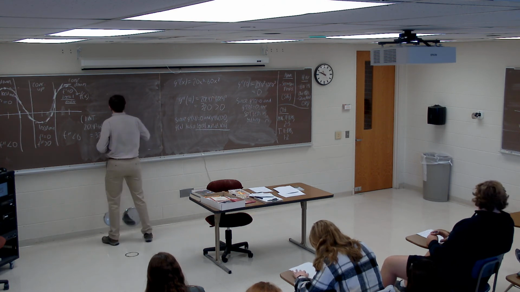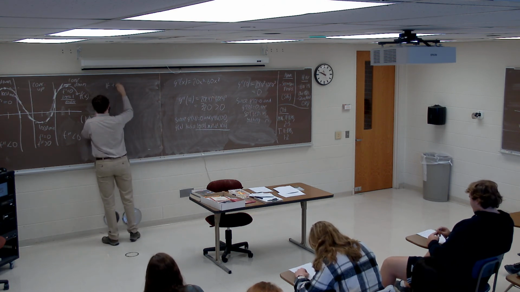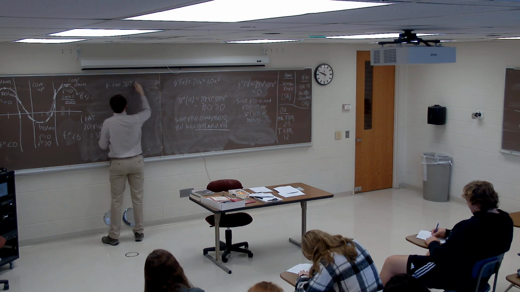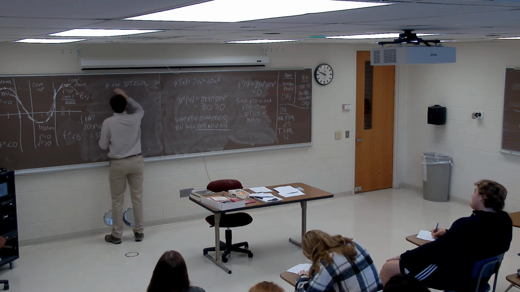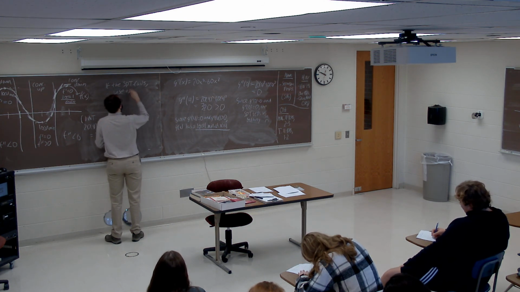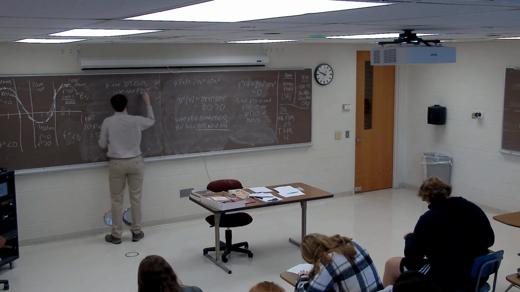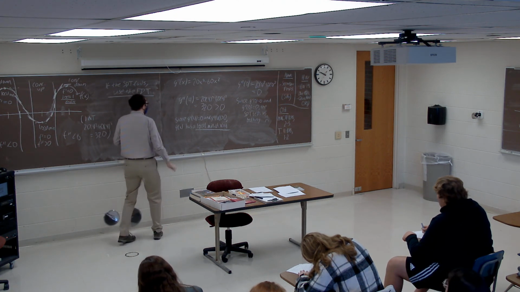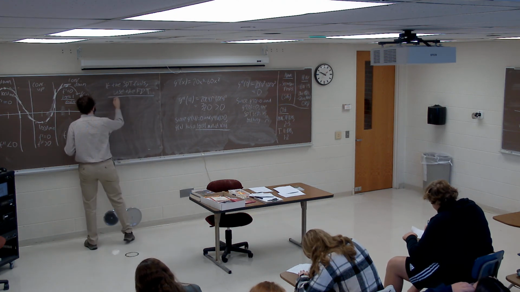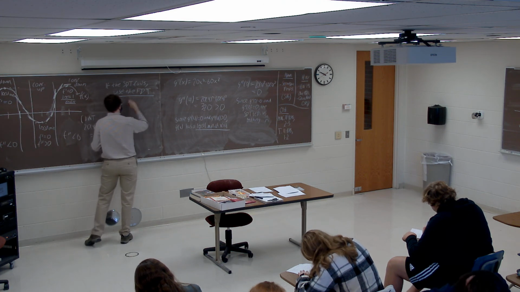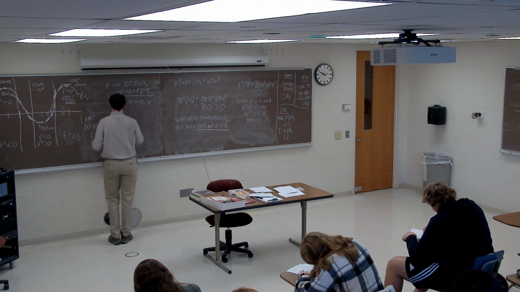So here's a good rule of thumb. If the second derivative test fails, use the first derivative test. All right, our two critical points were at x equals 0 and 4.